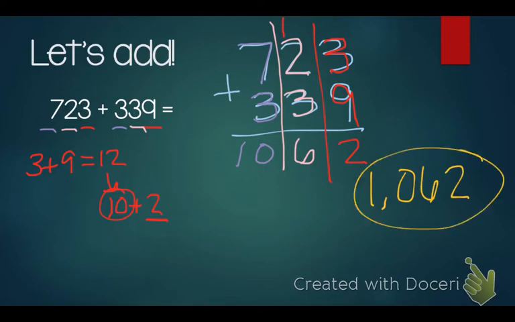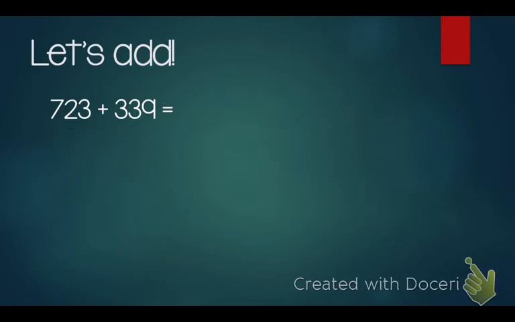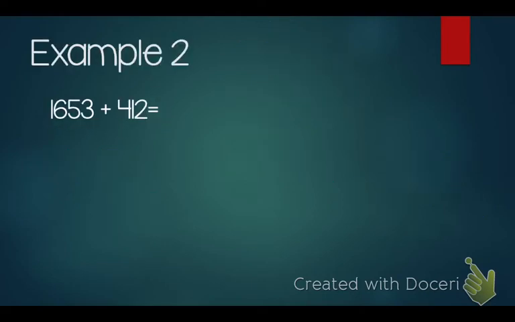Let's try another example. Let's try adding 1,653 plus 412. Now, if you notice in this example, we have one number that has 4 digits, and we have one number that has 3 digits. So again, just to point it out, we have the number 3 in the ones place and the number 2 in the ones place.